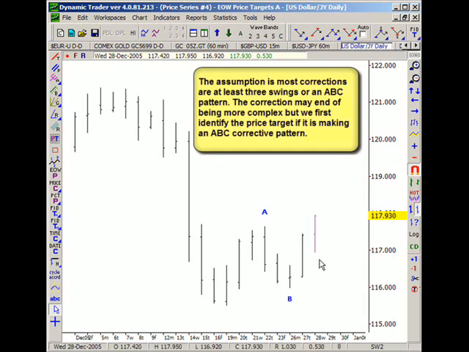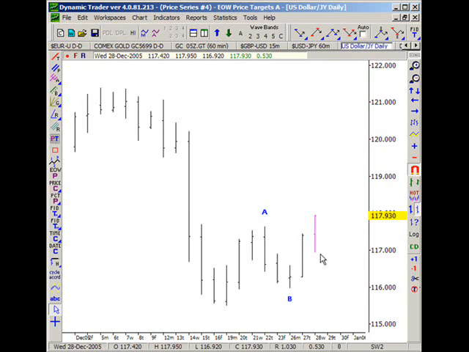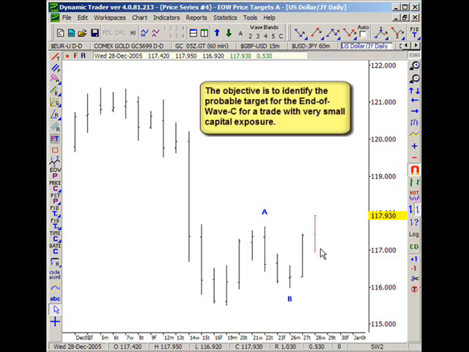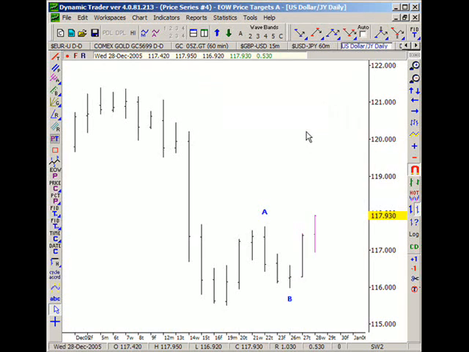But what we can do is identify now the high probability target for a wave C. If the market reaches that target, it could be a setup for a short trade with very small capital exposure. So if the market continued to advance beyond our probable wave C target, then at the least we would have a small loss if we were taking a short trade from the target zone.